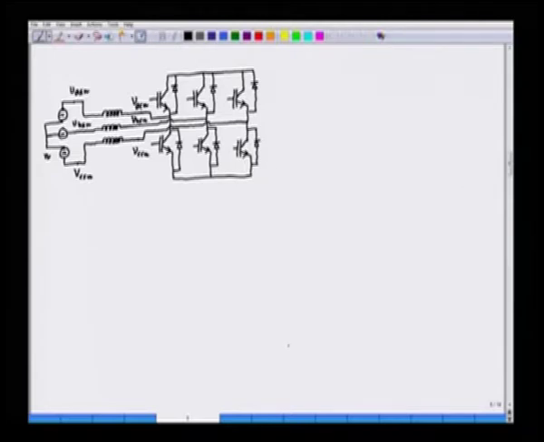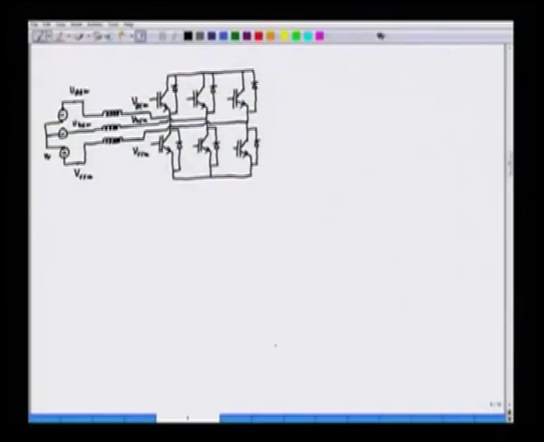The inductor is of the same value for phase A, phase B and phase C, and we can call this inductor as L. The value of the inductance is L and the reactance is omega L. So, it is j omega L here. Each value of the inductor is L and the reactance is j omega L.